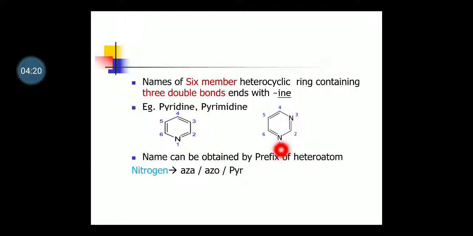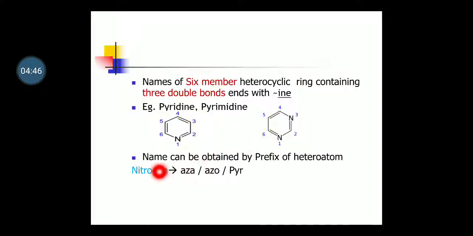Say we start from this, 1, 2, 3, so the second nitrogen gets the third position. If we start this way, we are giving anti-clockwise numbering. If we start with the other nitrogen, it will become 1, so we go clockwise, so that the next nitrogen will get the least number, the third position. So 1, 2, 3. So this will be the way of numbering.